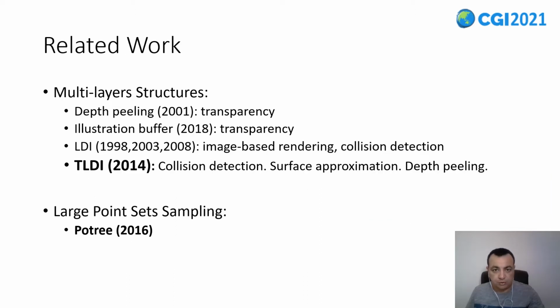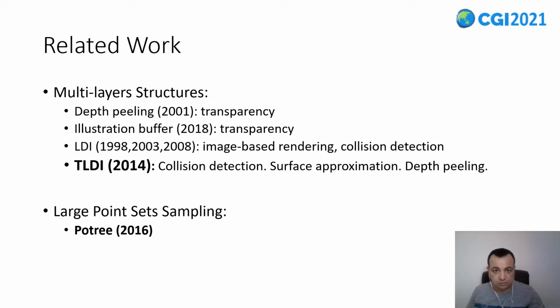Related to our work are multiple layer structures, which are constructed by projecting the data to screen space in multiple passes or in a single pass, and then finding the different depth layers of the projected data. Many structures are based on this concept and were used in applications such as controlling transparency, ray tracing, and collision detection.